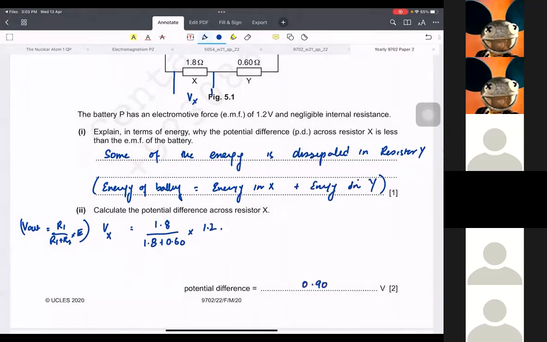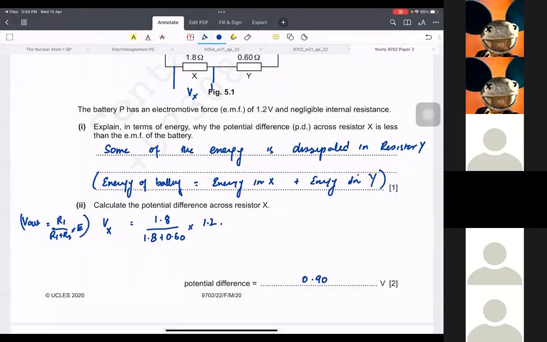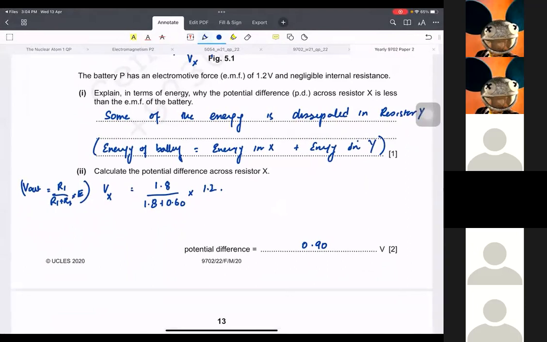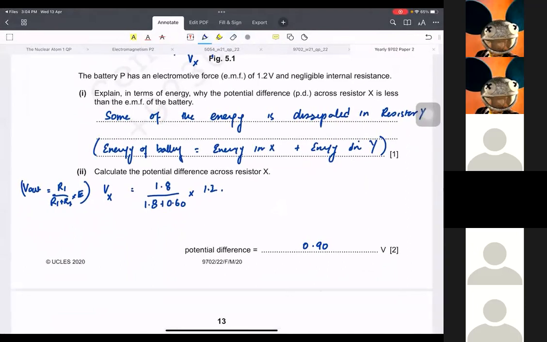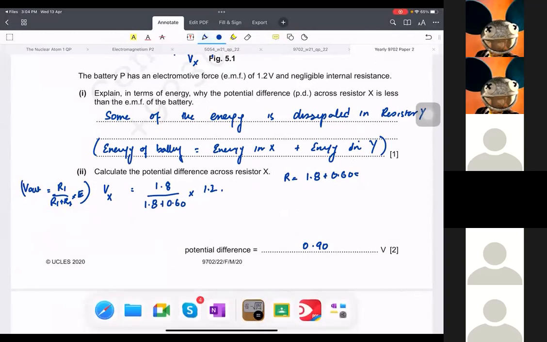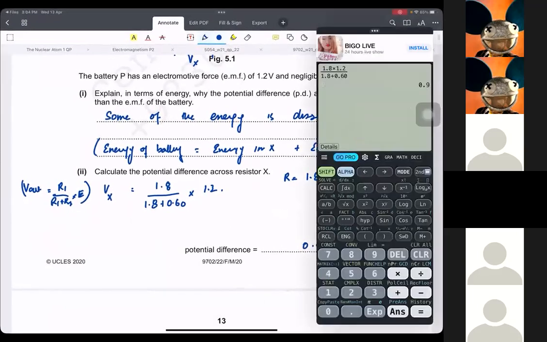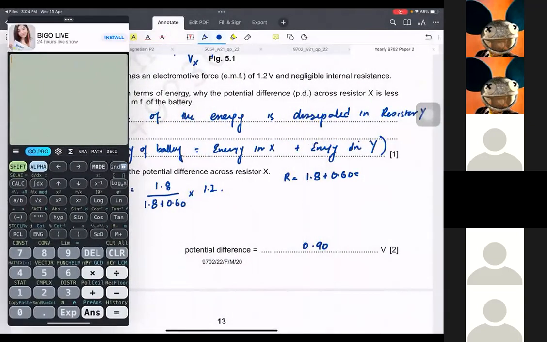Okay. Now I could also find the current first. So the total resistance would be 1.8 plus 0.60.